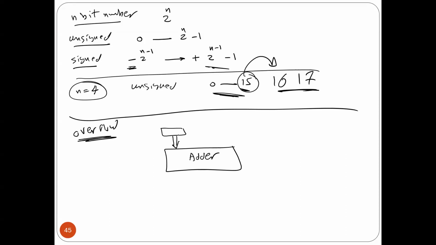The first number is stored in a register. This is hardware I'm going to explain in this course. A register is a hardware circuit that can store n bits. Same thing here, I have n bits stored in a register, and then the result I'm going to store also in an n-bit register.